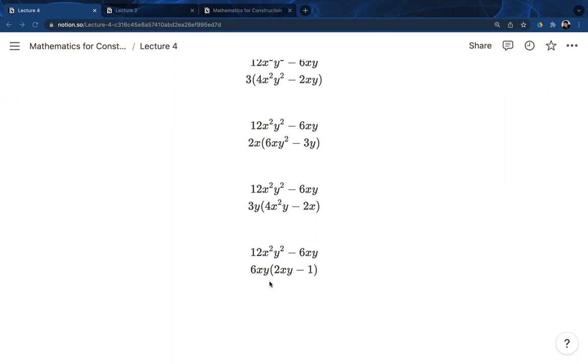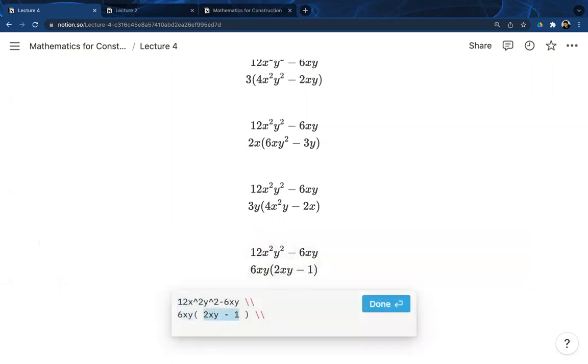Now, if you put the HCF on the outside, what would you need to put on the inside? It's a kind of game you have to play, right? I would do it like this. I have something and something. I have two things inside here. The HCF is positive, so between the question marks, I'll have minus, right? Now, 6 by what is 12? Well, I need a 2. x by what is x squared?